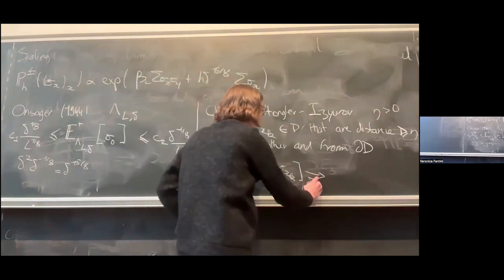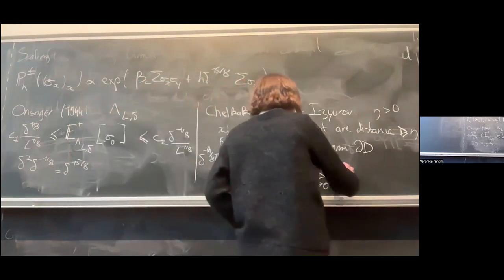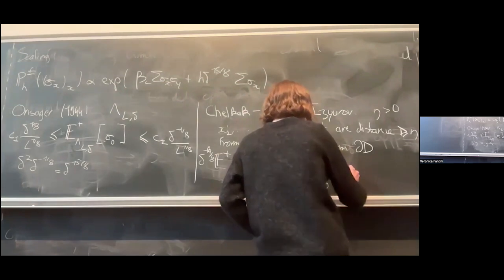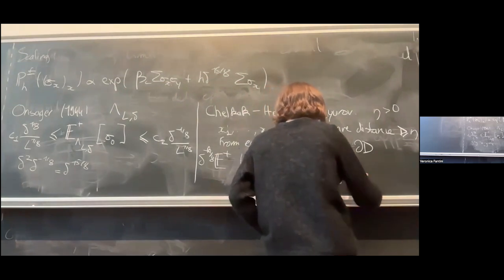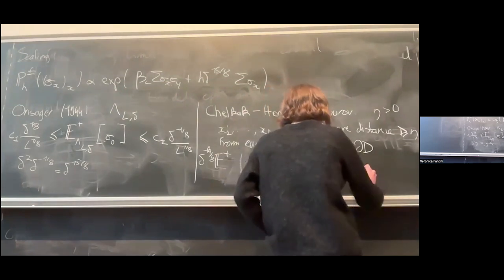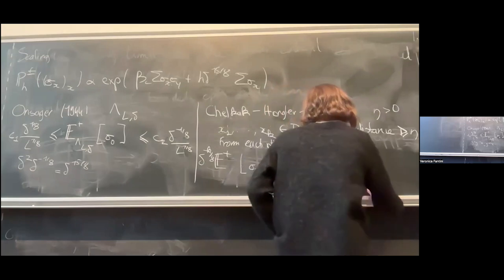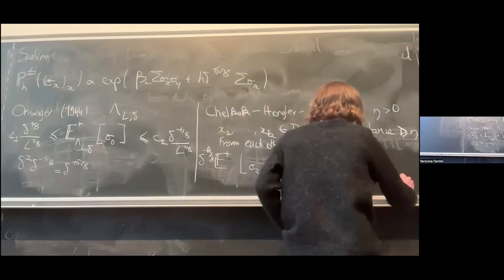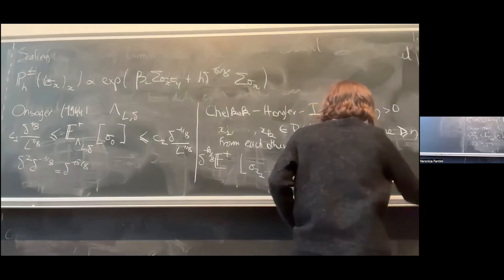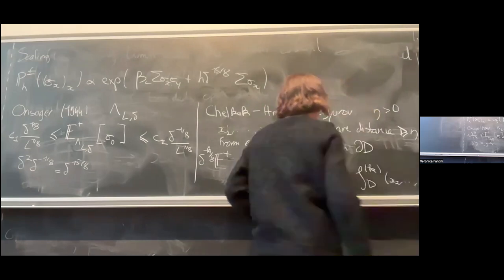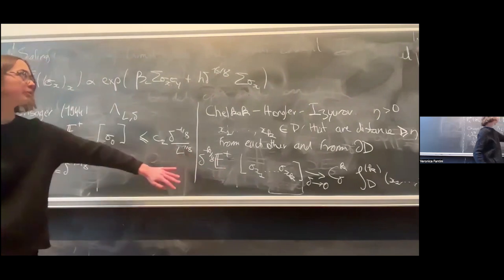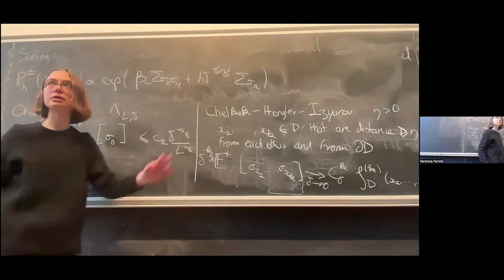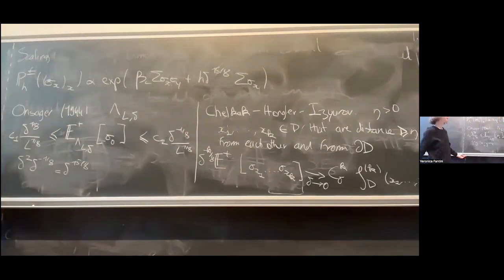This converges as delta goes to 0 to a constant times an explicit function that depends on the domain. It can be any domain and any type of boundary condition, for example plus, minus, plus, it doesn't really matter. This type of result shows that this is really the correct scaling.